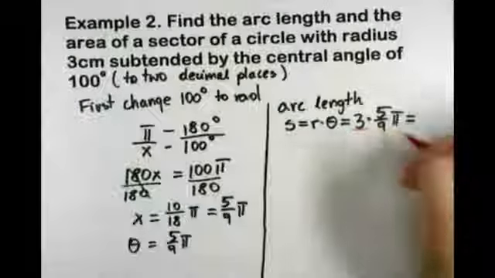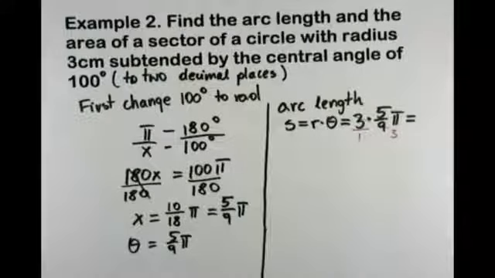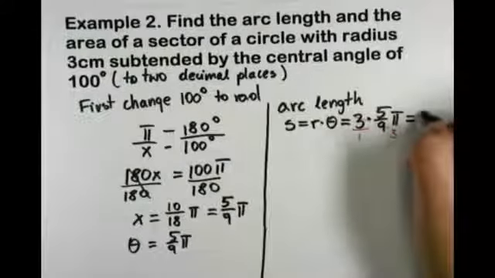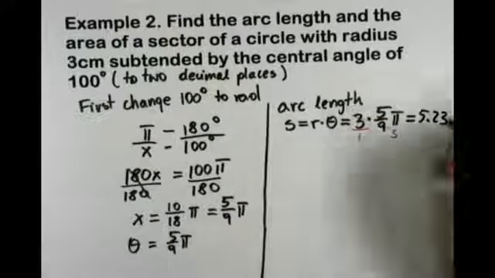We can reduce 3 and 9 to 3. And since we want 2 decimal places, we're going to divide anyway. So we have 5 divided by 3 times pi. So it's 5.235 and so on.